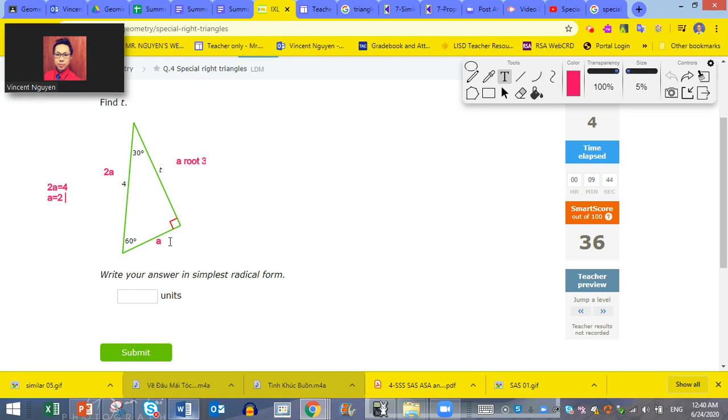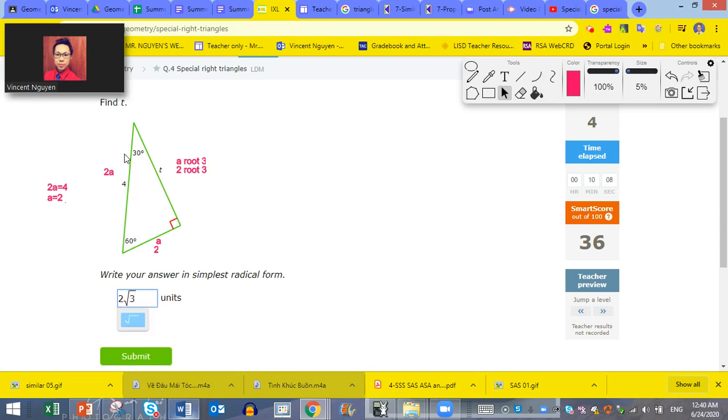A is 2. And then here is going to be 2 root 3, which is what we're looking for. So I'm going to type into my answer here 2 square root of 3.